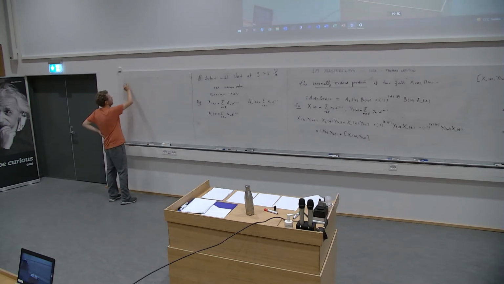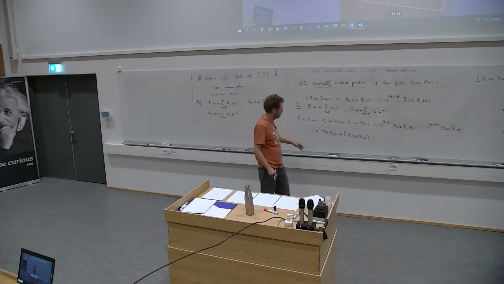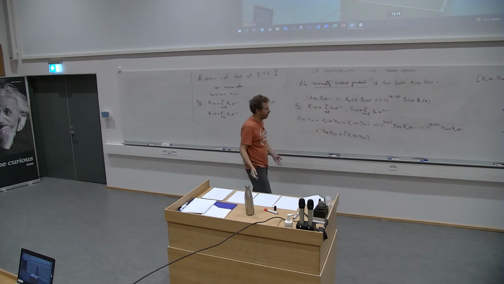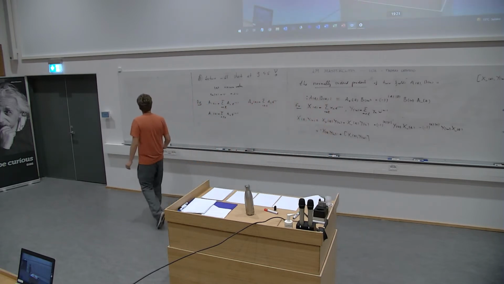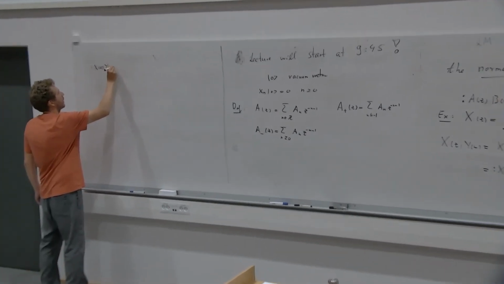We have now distributed our product into two pieces, this one and this one, and now what you can do is, for example, look at the normal ordered product.